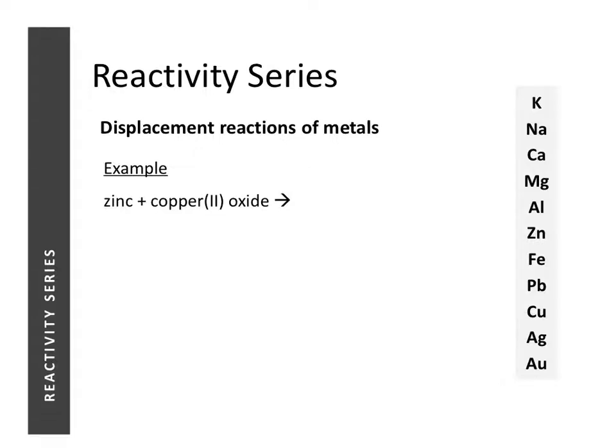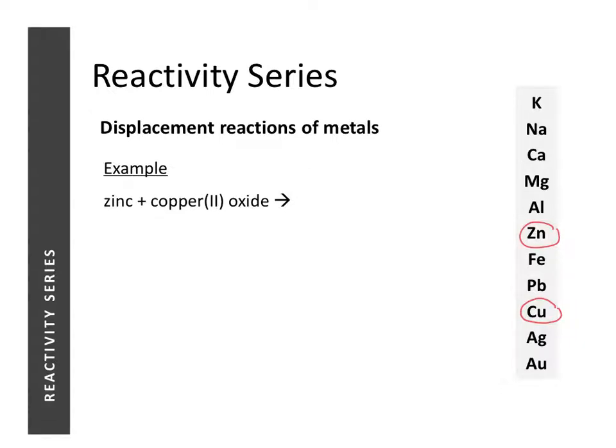Now let us look at an example of displacement of a metal oxide. In this case, we are adding zinc to copper 2 oxide. So as always, let's analyze the two metals involved. We have zinc, and then we have copper. From the reactivity series, we can see that zinc is more reactive than copper.